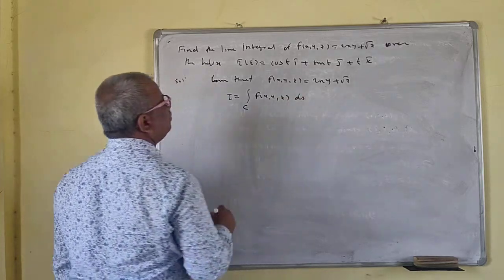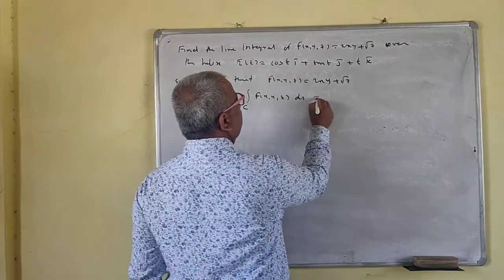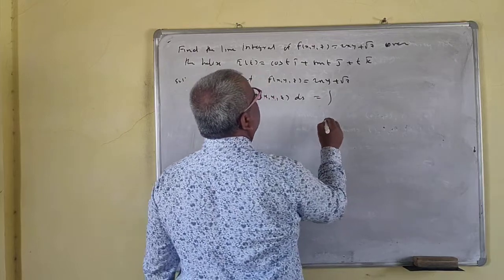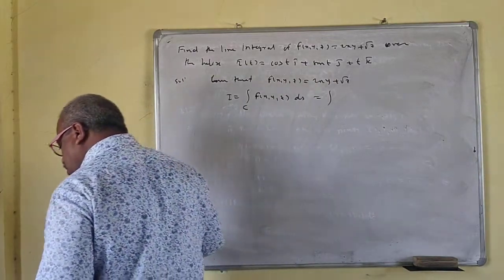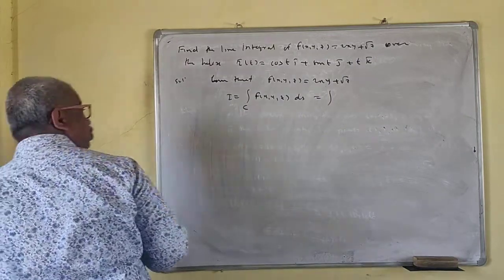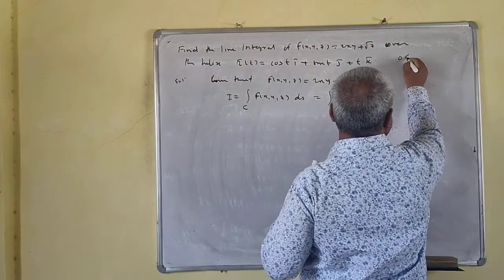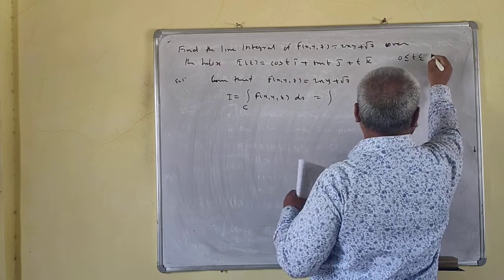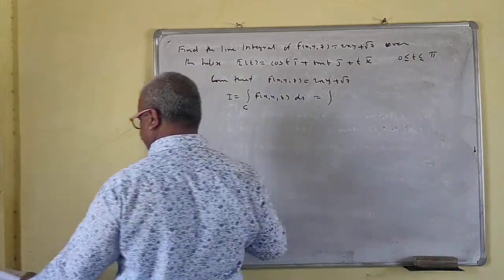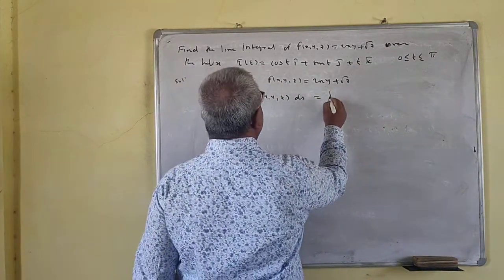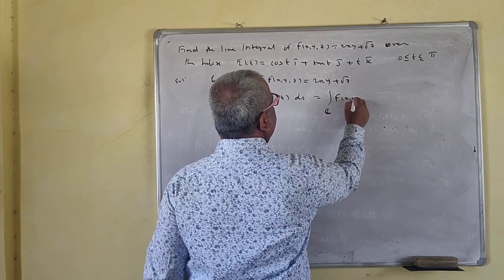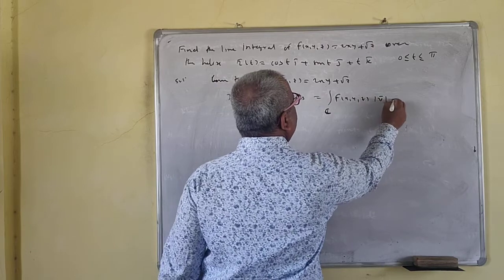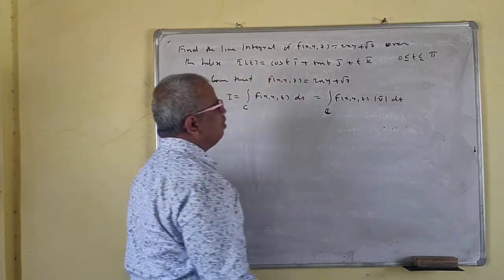This is the same as the integral over the range of t, which is provided to you, 0 less than or equal to t less than or equal to pi. So we write this as C, f of x, y, z, mod of v bar dt.